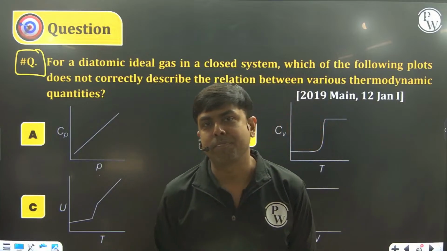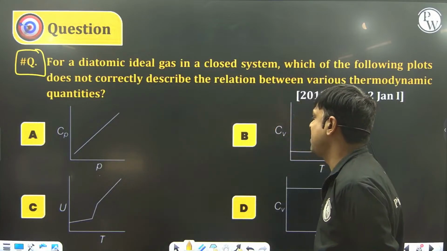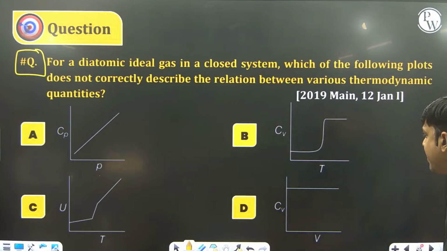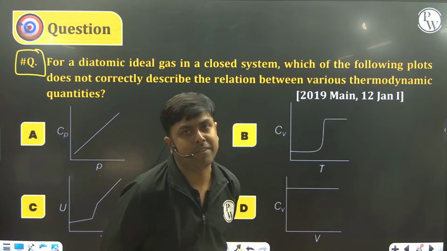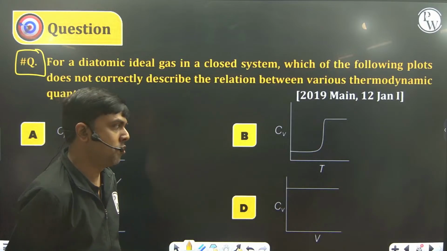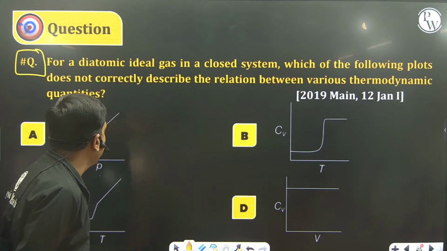Done. CP, CV, internal energy, CV versus V. Important parameters are given. I hope you remember each one of the important parameters.